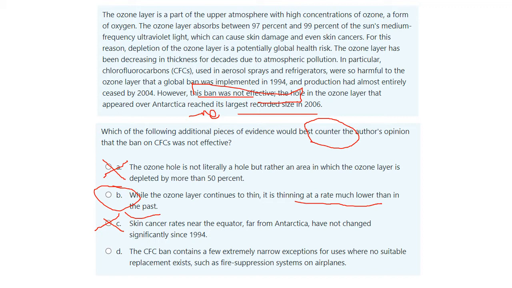I mean, this is explaining about the ban, but this is not explaining if it was useful or not useful. It's just explaining how wide the ban on CFCs is. B is a good reason why the ban has been successful. It has slowed down the destruction of the ozone layer. So B is the correct answer.